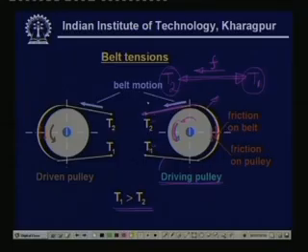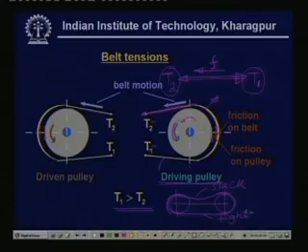Now, this has an implication. You will be learning very soon that if you have a belt drive, the tight side goes something like this and the slack side, exaggerated, something like this. So, this is what we are calling the slack and this we call the tight.